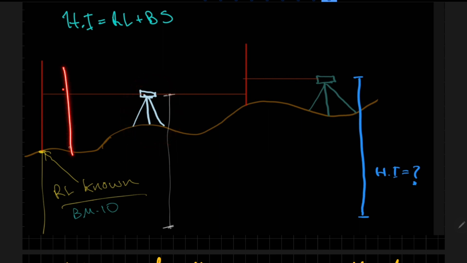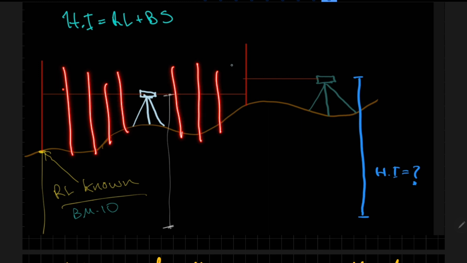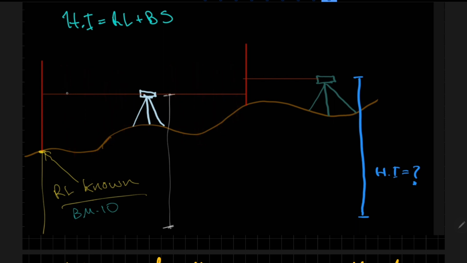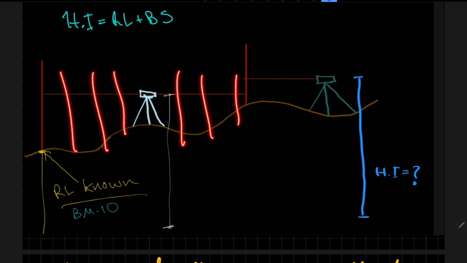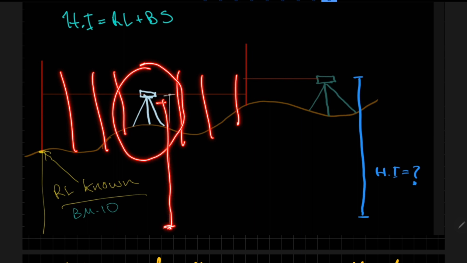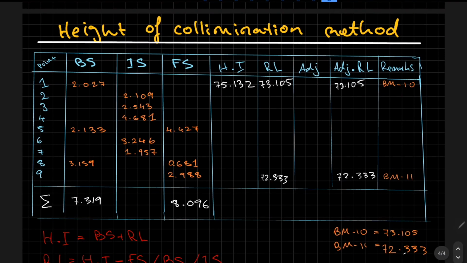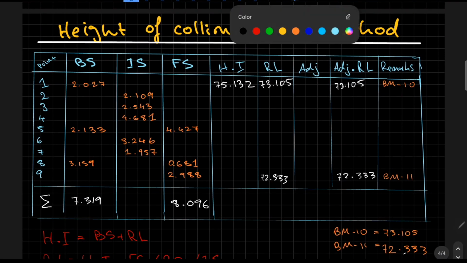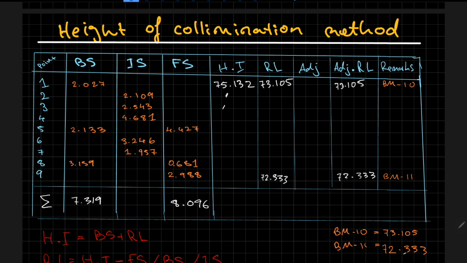No matter how many intermediate points there are, it could be 1, 2, 3, 4, 5, 6, 7, 8, the height of instrument does not change. So based on that principle, we can go ahead and copy these 75.132 for the 3 intermediate points, because once again the height of instrument does not change for intermediate points.